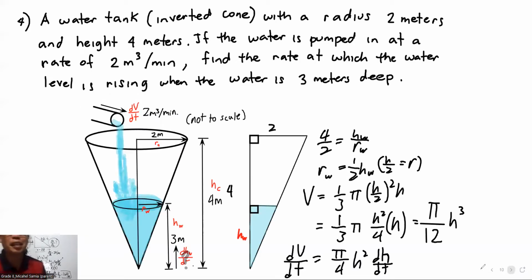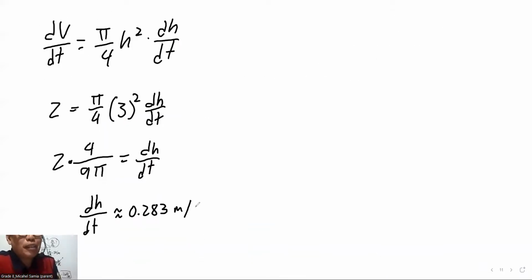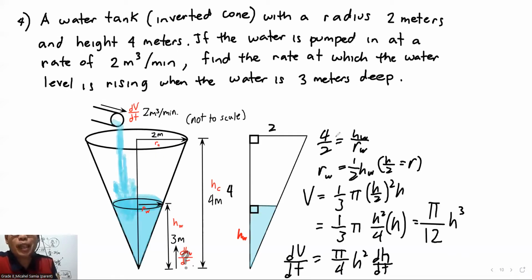So let's see if it's possible. Okay, the rate of change in height is 0.83 meters per second as you pour in 2 cubic meters per minute. Is it in minutes, Josh? Is your unit in minutes? Your value, the answer.